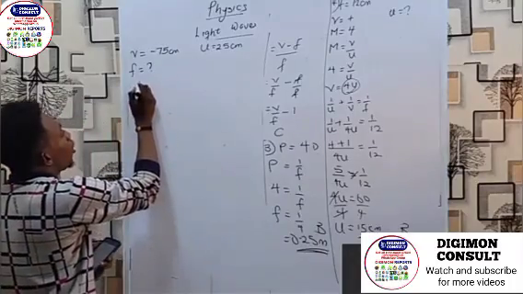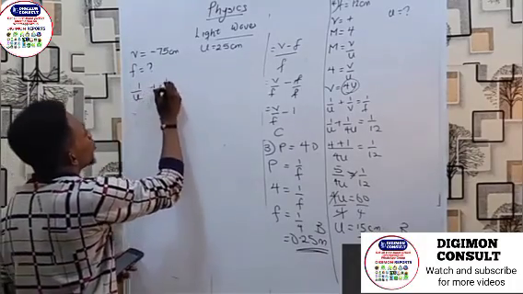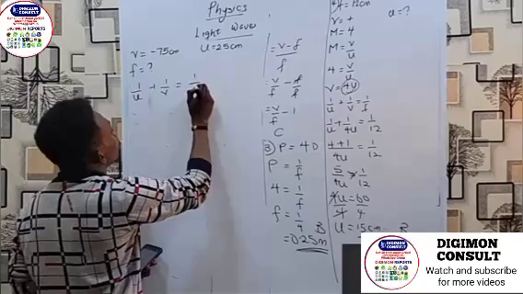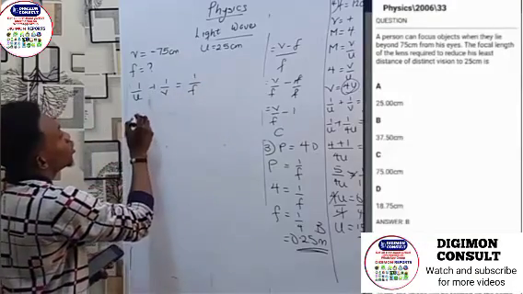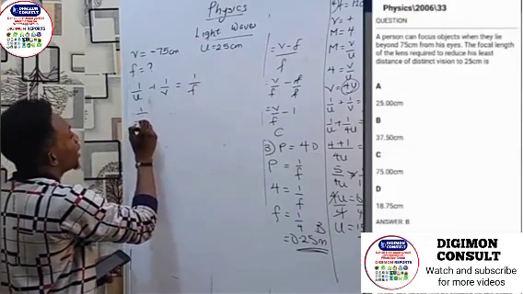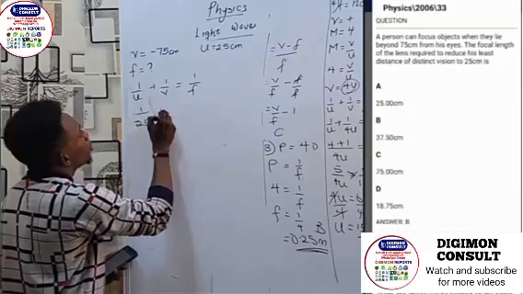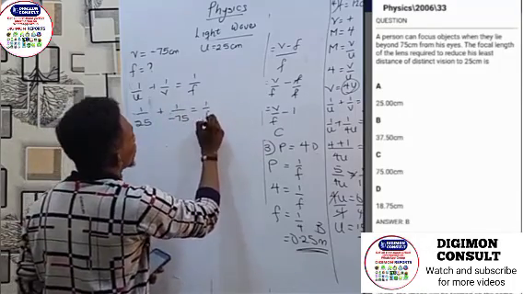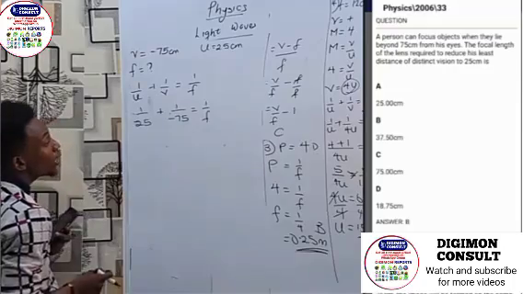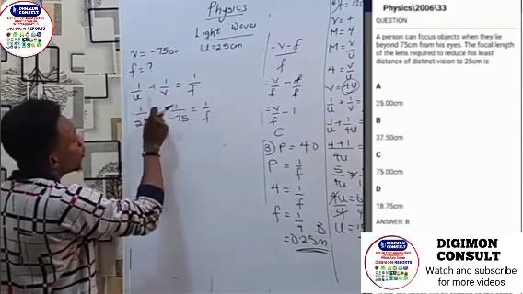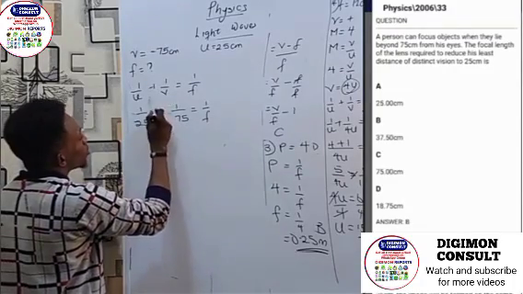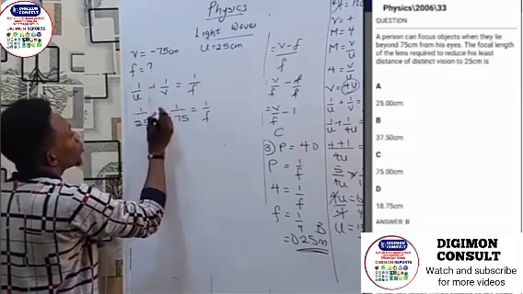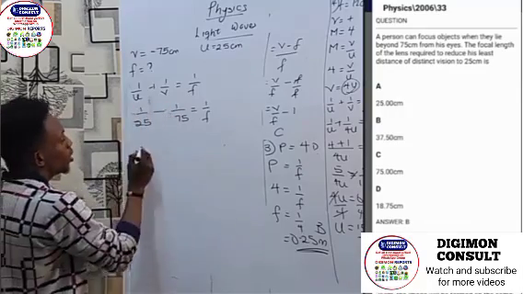So let's see. 1 over U plus 1 over V equals 1 over F. So 1 over 25 plus 1 over minus 75 equals 1 over F. Now to make our addition easy, simply go plus times minus is minus, to get rid of that minus there, and you can proceed from here.